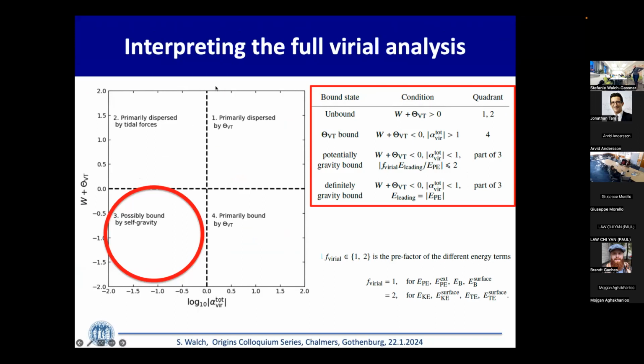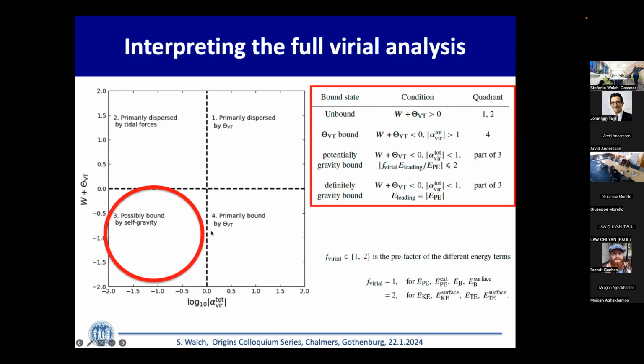And he introduced also these 4 quadrants, where basically you can distinguish between the dynamical state of the structures very easily. So here, if you find a structure up here, it's primarily dispersed by volume and surface terms. If you find a structure up here, it's primarily dispersed by tidal forces.